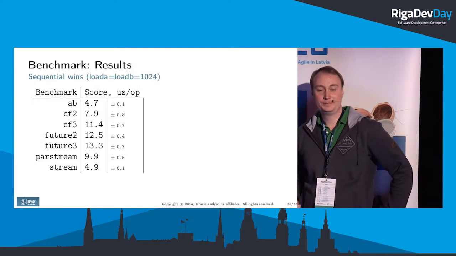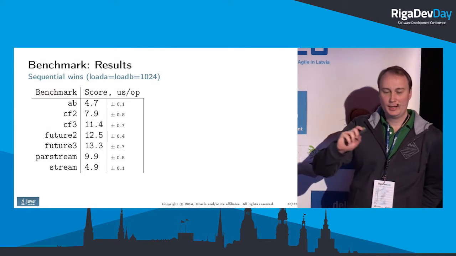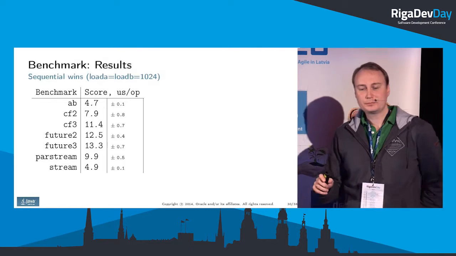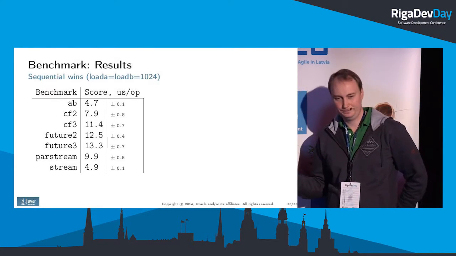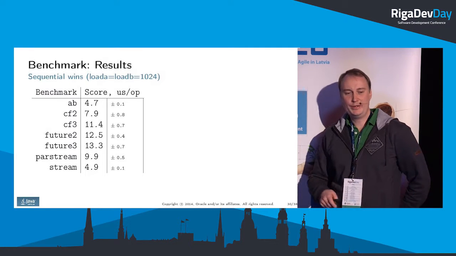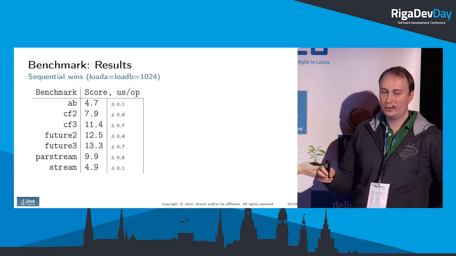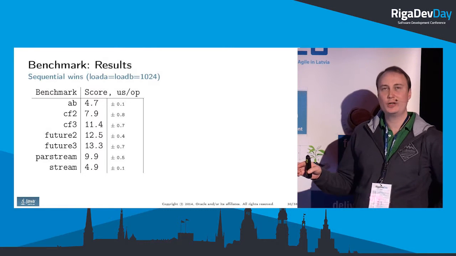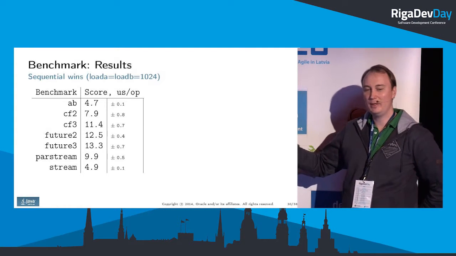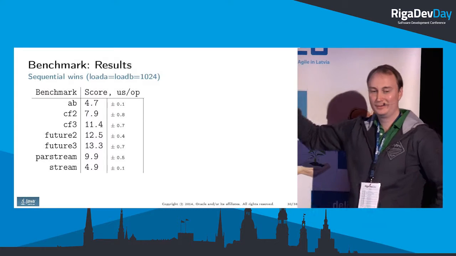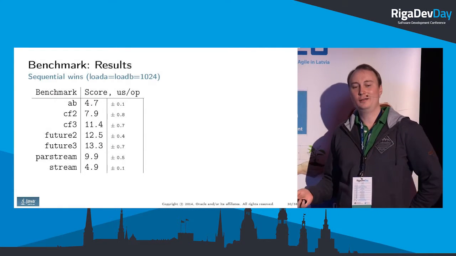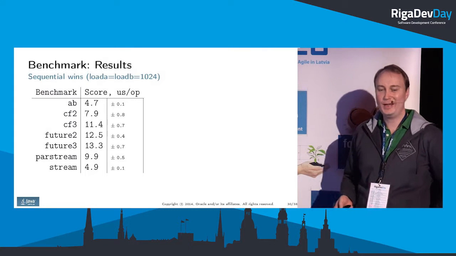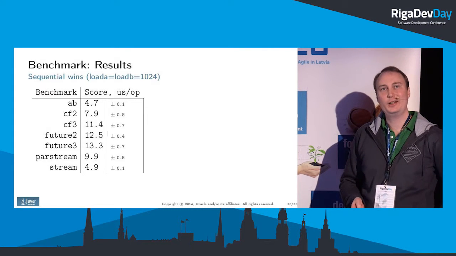All right, results. Look at this. It's microseconds per operation. We see, of course, lower is better. We see that the sequential multiplication of A and B, the first line, takes about 5 microseconds, while futures take 12 and 13.